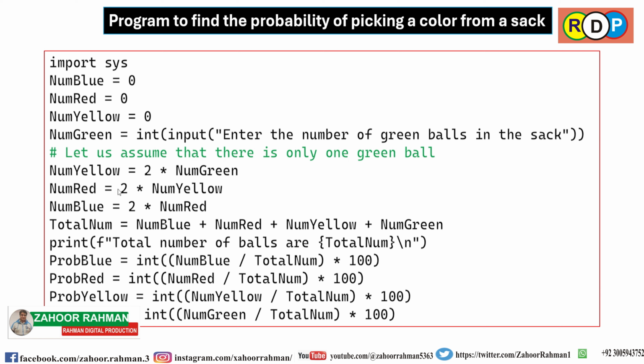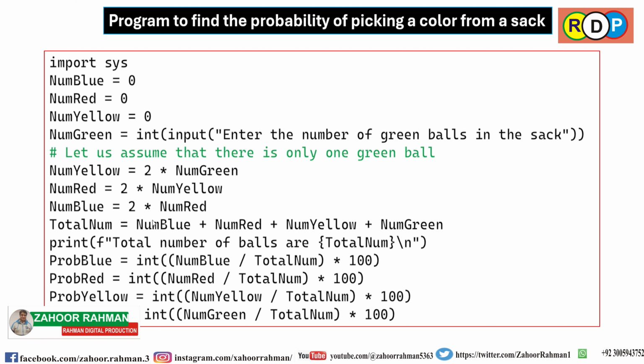Number of red is equal to 2 number of yellow. So number of yellow is 2 and 2 multiplied by 2 is equal to 4. Number of blue is equal to 2 times number of red. Number of red is 4. So 2 fours are 8. So we are left with the choices of green 1, yellow 2, red 4 and blue is 8.